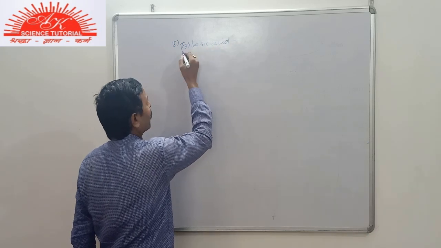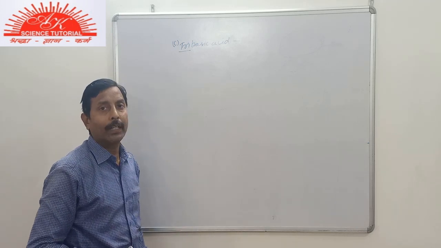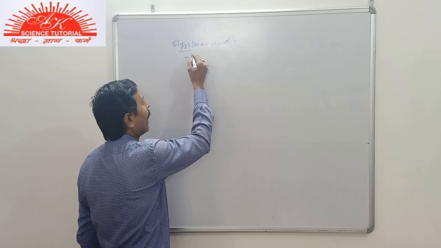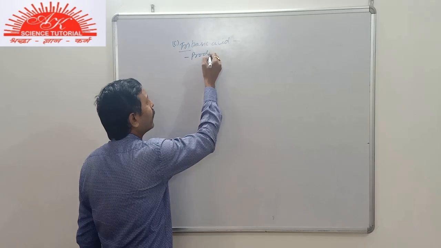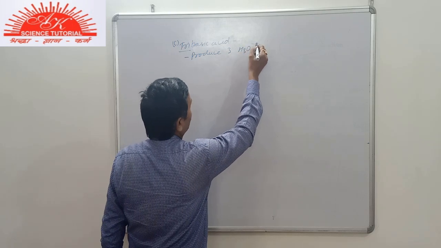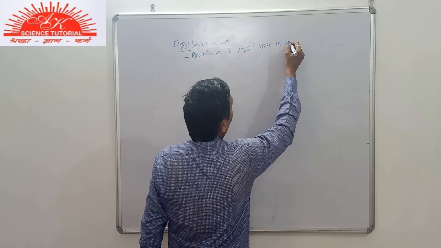Tribasic acid, again, as the name suggests, has 3 ionizable hydrogen atoms. It ionizes in 3 steps and produces 3 H3O plus ions in aqueous solution.